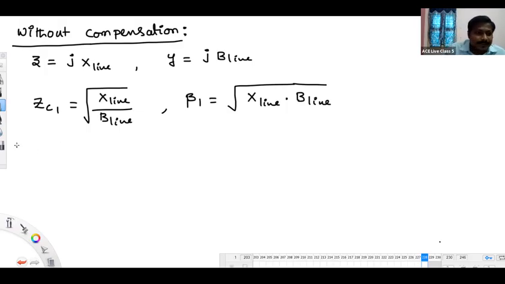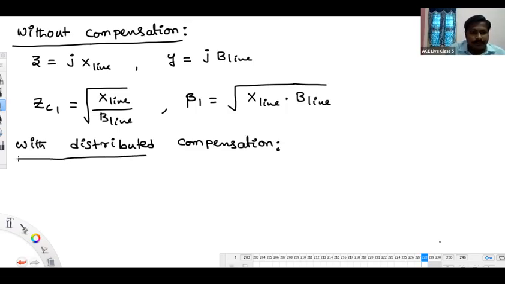With the distributed compensation, what is the series impedance Z?